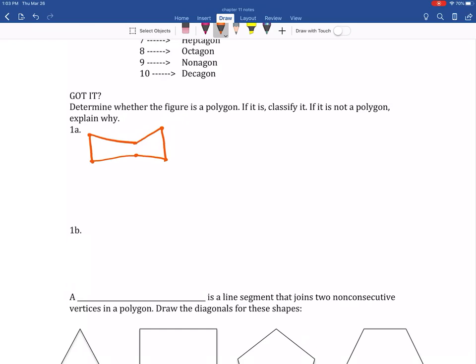It's not open. They're intersecting at the endpoints here, and they all have line segments. There's no curves in it. So I would say, yes, it is a polygon, and classify it by its number of sides. I would say this is a hexagon because it has 1, 2, 3, 4, 5, 6 sides.